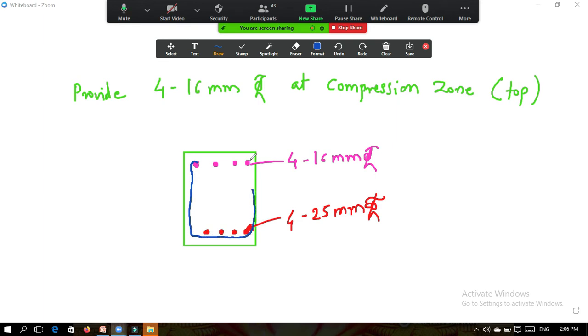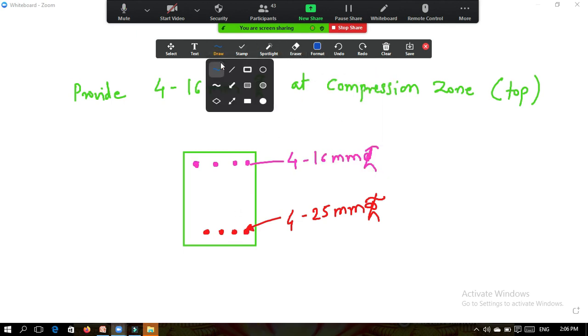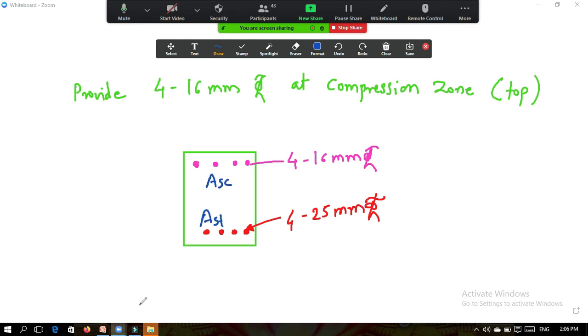That stirrup we have not designed. It is designed when shear reinforcement is required. In the problem they have asked you only for this ASC and this total AST. They have told you to find out the reinforcement required. So this is the required reinforcement for the doubly reinforced section.